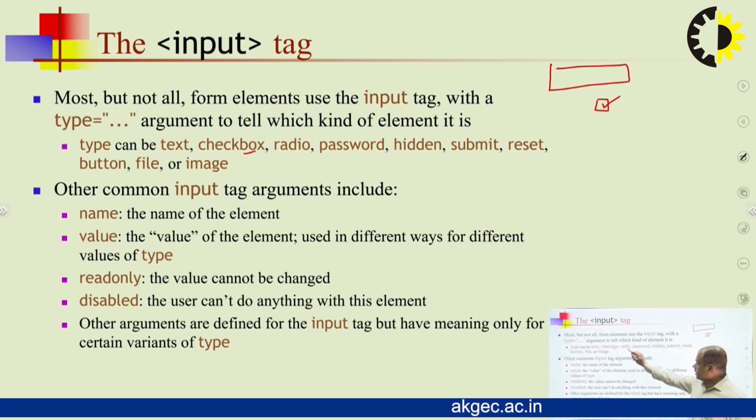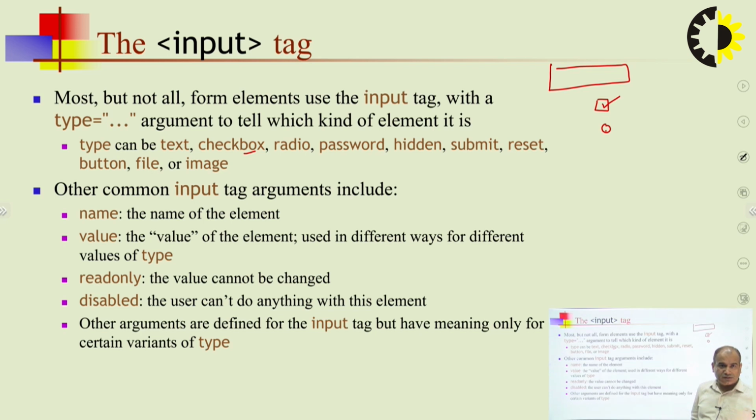Next, input type equal to radio. If we use input type equal to radio, in that case a circle with a dot or without a dot can appear. That can be for the option true or false. Next is the password field. If we write password, in that case this text field will appear with some encrypted values.